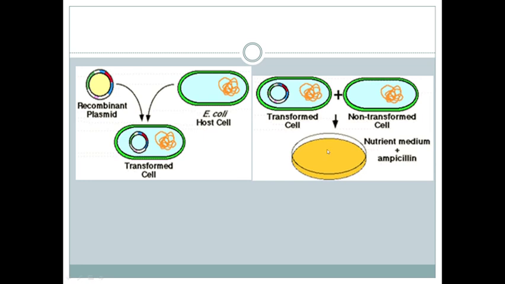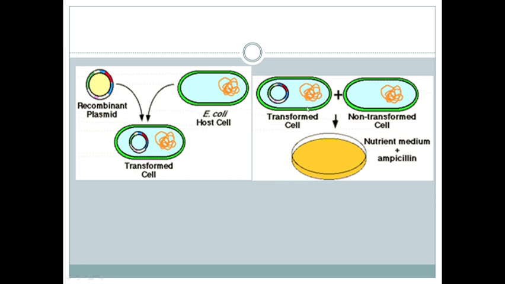If we culture it in a nutrient medium containing ampicillin, this cell will be able to survive. But this cell, which has not taken up the recombinant DNA molecule, will lack the ampicillin resistance gene. Therefore this type of bacterial cell will not be able to survive in the nutrient medium containing ampicillin.